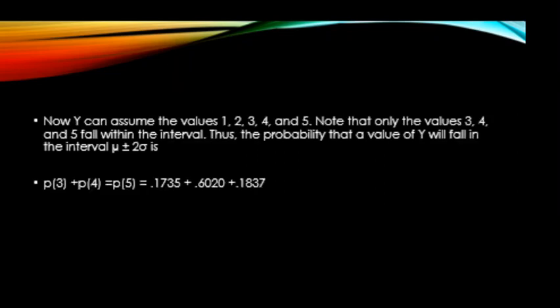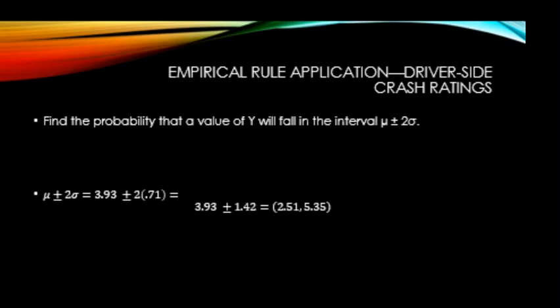So what we will do is, using these numbers, we will pick the values that fall within the interval that we have created. Okay, let's look back at it. 2.51 and 5.35. So the values of the star rating that fall within this interval are 3, 4, or 5.